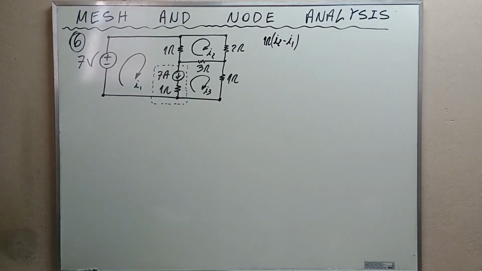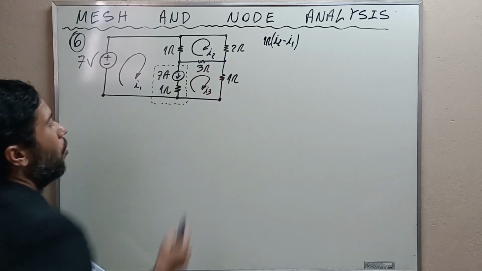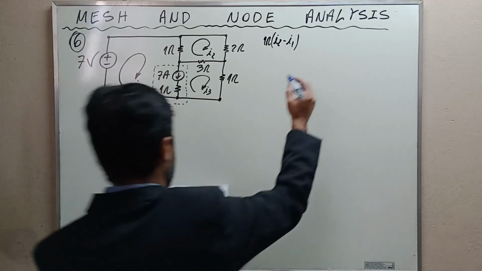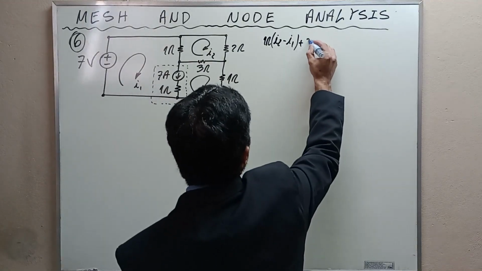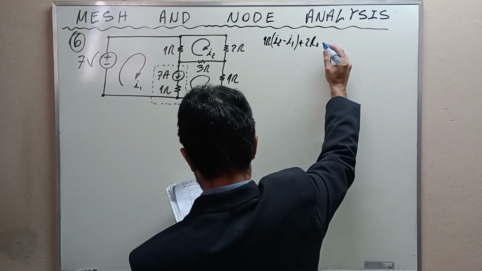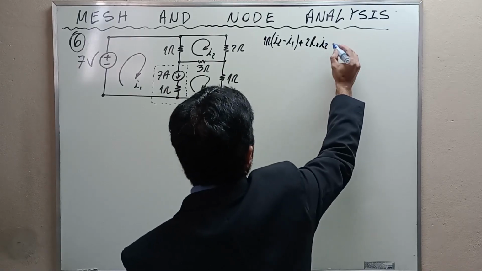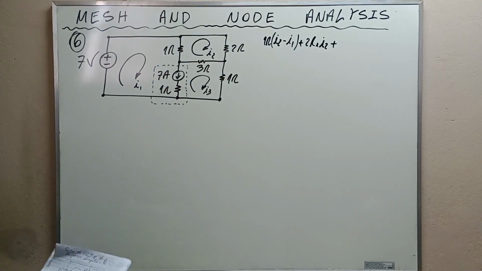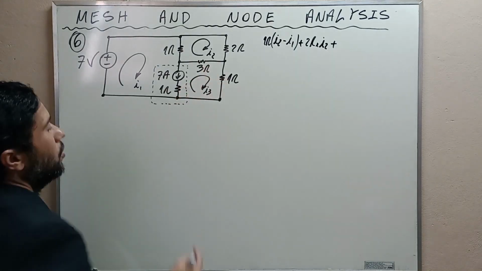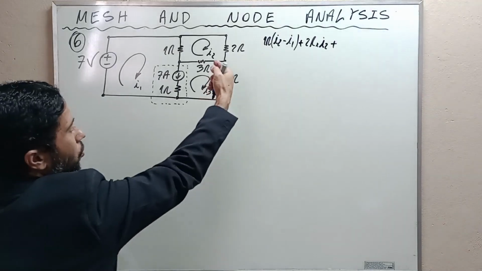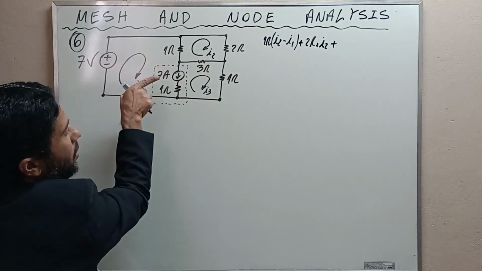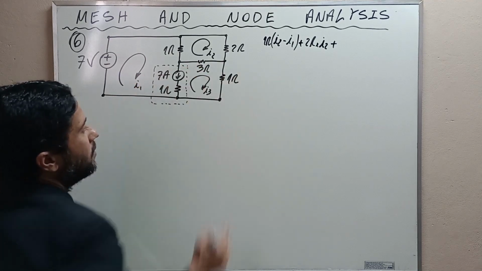Now let's consider this 2 ohms resistor. The voltage drop is written as 2 ohms times I2 plus, let's consider now this 3 ohms resistor. While I2 passes going this direction, I3 goes that direction.